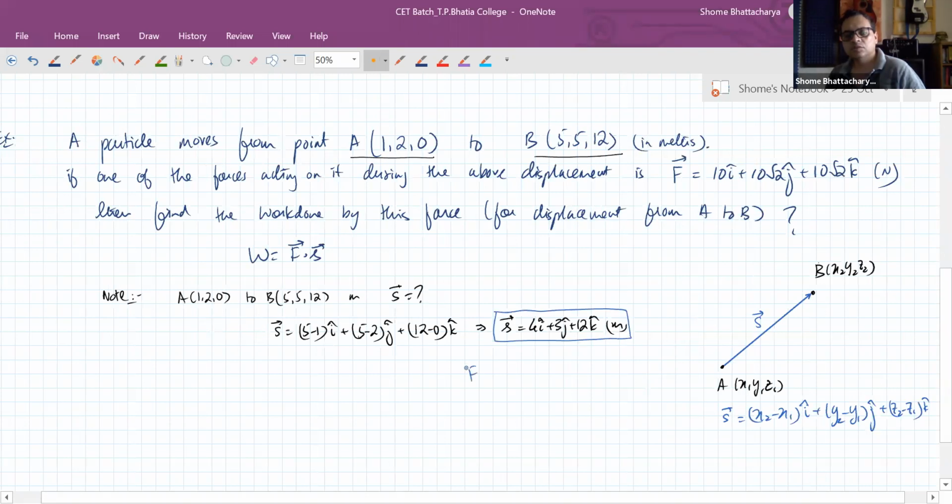There is a force given to us directly. Okay, so we will use the dot product formula in component notation. So F dot S is Fx into Sx. So here it is 10 into 4 plus 10 root 2 into 3 plus 10 root 2 into 12.